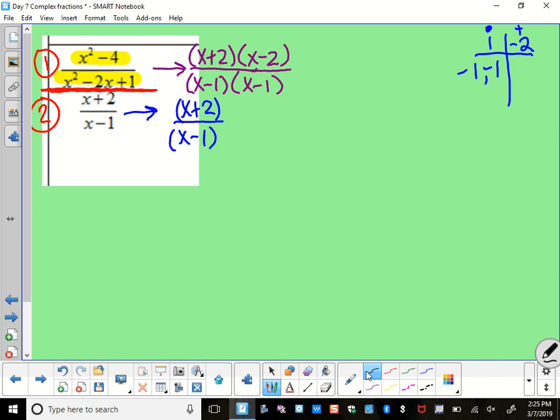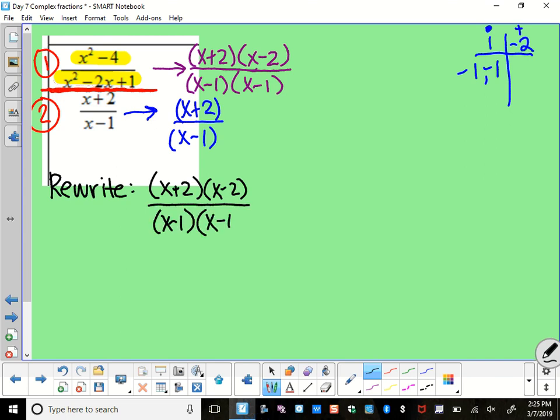Okay, for the sake of the notes, I'm still going to rewrite it. But you are not required to do this step if you don't want to. However, if you think that you see it better by rewriting, well then do it that way. And don't skip the step.